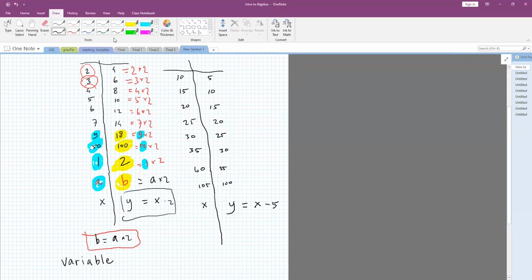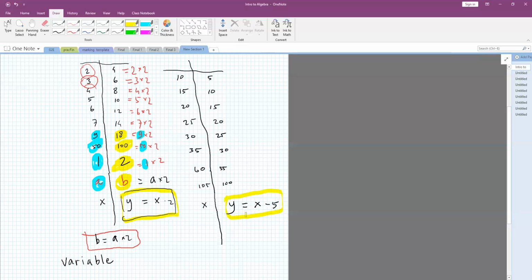So that's very good. And you see now we have something different compared to the previous one. Previously we have Y equal to X times 2, but now X minus 5. So of course there are infinite relations that you can have in mathematics. You can have multiplication, addition or subtraction.